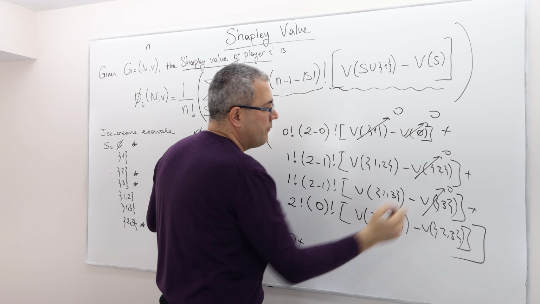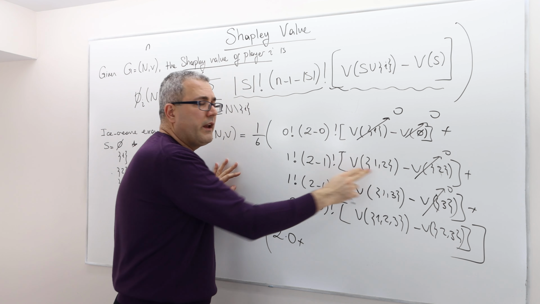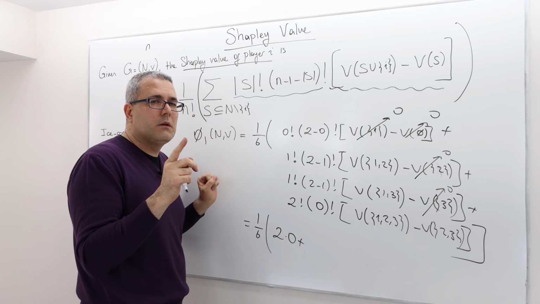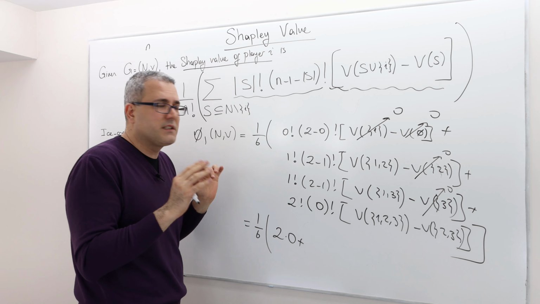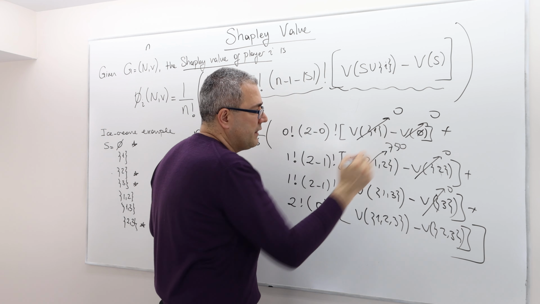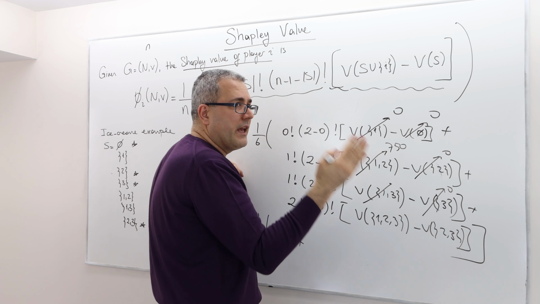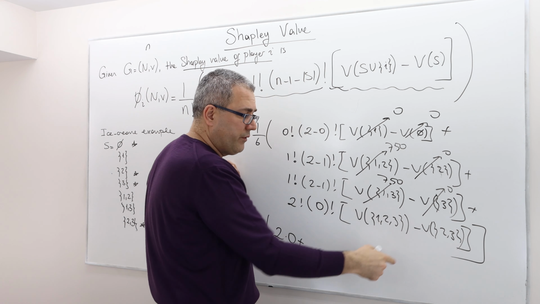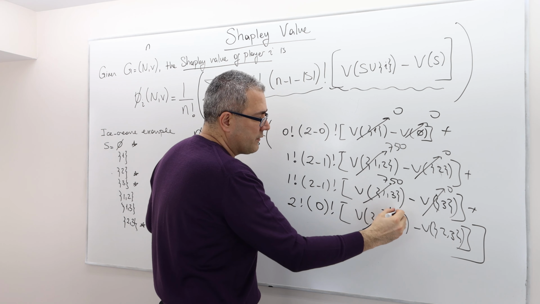This is also 0. When players 1 and 2 form a coalition, remember, they can buy the medium-sized ice cream, which was 750 grams. So this is 750. 1, 3, again 750. And then 1, 2, 3, this is 1,000.